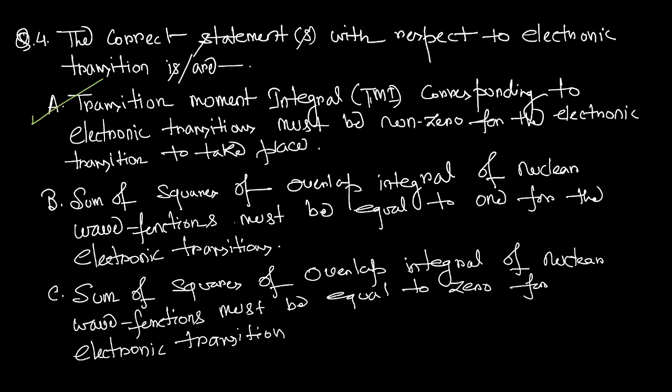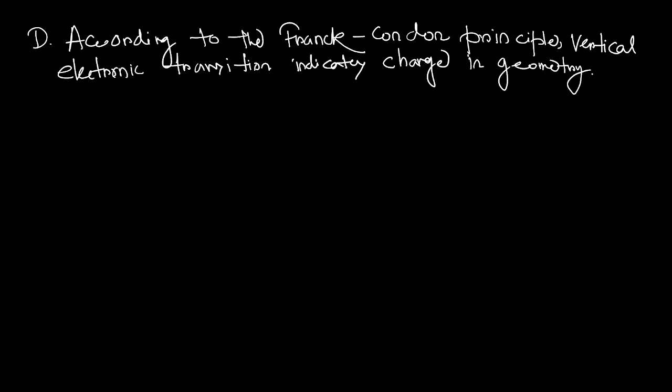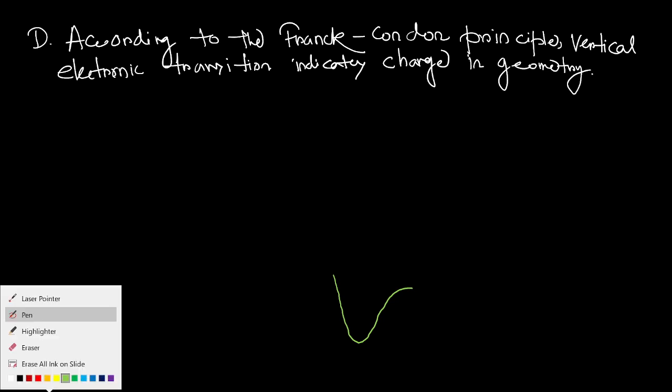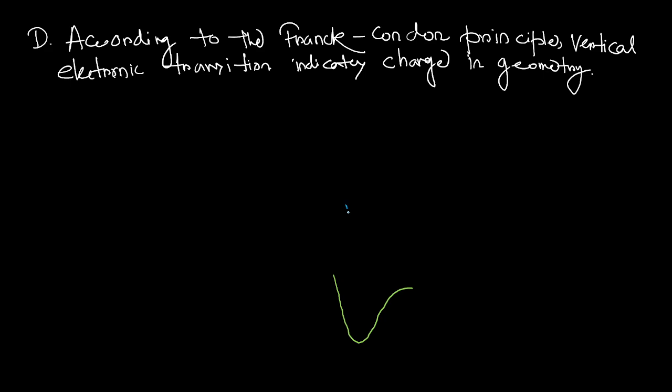Now, the sum of the overlap integral of nuclear wave function must be equal to 1 for electronic transition. So the nuclear wave function is telling. If I look at the excitation, as I saw in the last class, there is a ground state and there is an excited state.